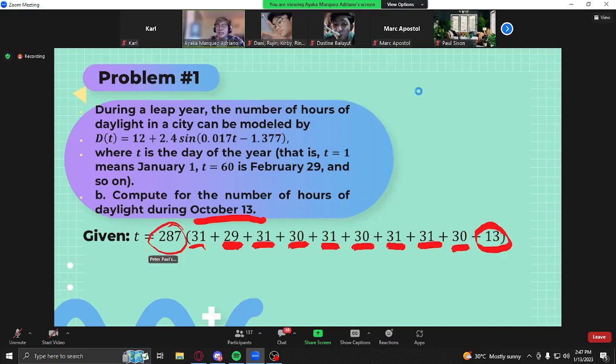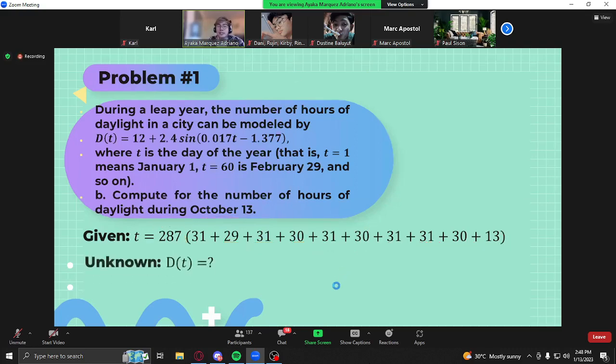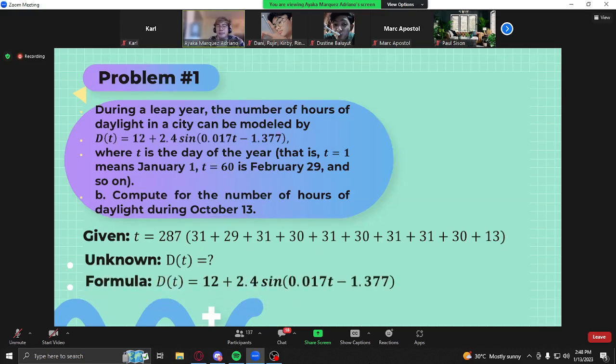287 days. Gusto nating malaman yung bilang ng oras ng daylight time. So the daylight D of T is 12 plus 2.4 sine times the quantity 0.017t minus 1.377. Our D of T will now be this one.